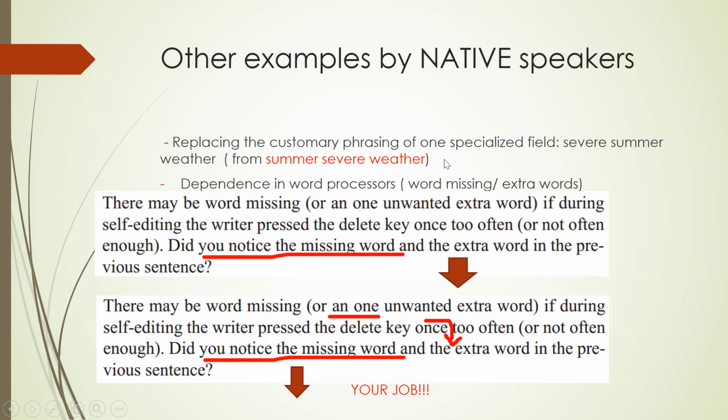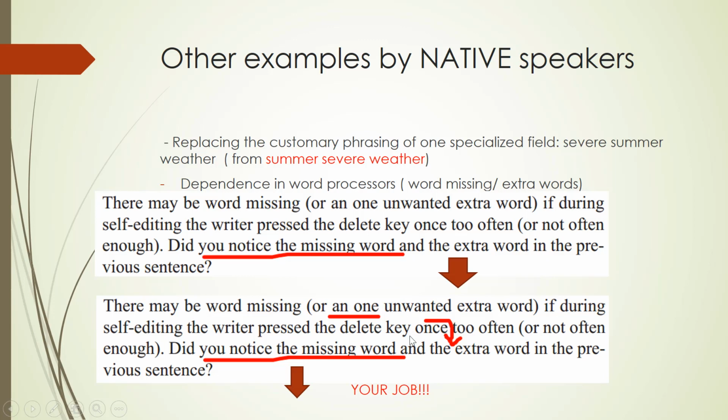For example, we have the term severe summer weather. It is very commonly used by non-expert native speakers. However, the right term should be summer severe weather, because we can also have winter severe weather conditions.